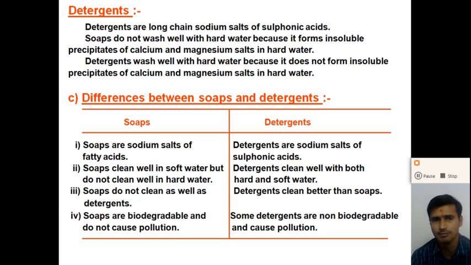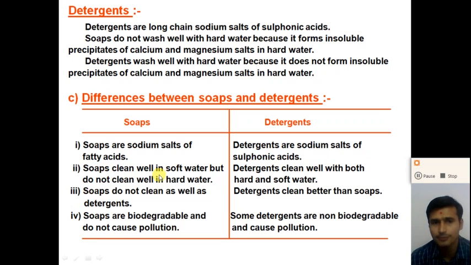So there are some differences between soap and detergent. What are the differences between soap and detergent? The first one is that soaps are the sodium or potassium salts of fatty acid, or we can say carboxylic acid also. Whereas detergents are the sodium salts of sulfonic acid.